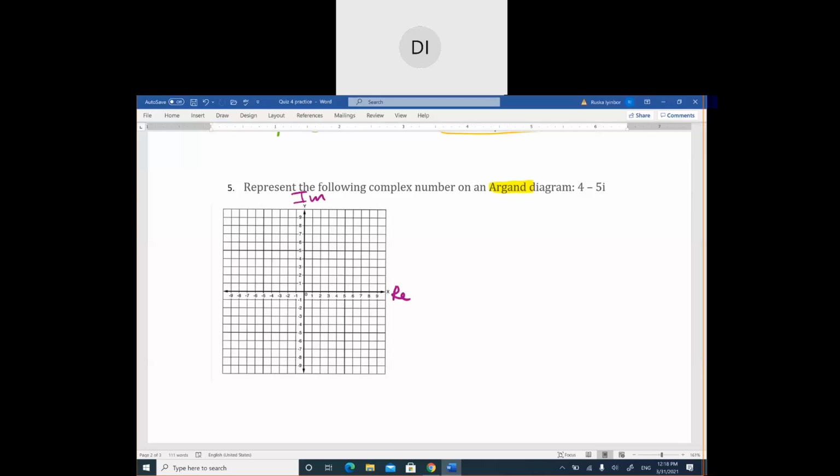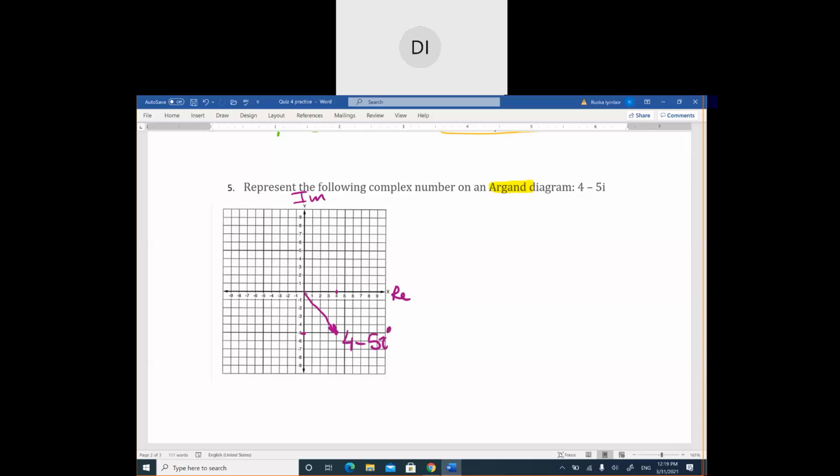So you go 4 on the real, the x, and negative 5 on the y, and wherever they meet, you put a point, and then you connect that point with 0, 0 and make a little arrow there. That's it. That's the visual representation of the complex number 4 minus 5i.